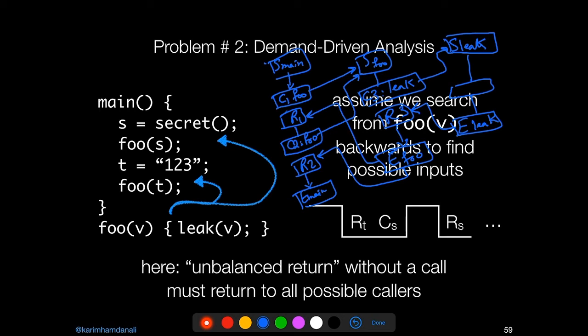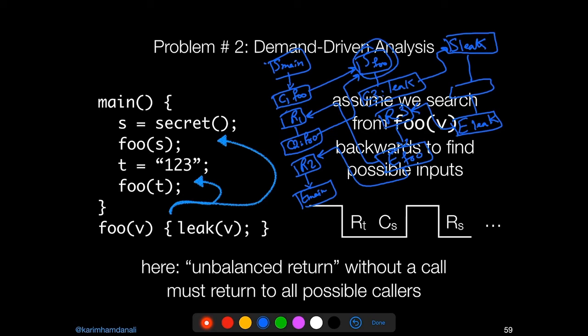The problem comes from the fact that if I don't want to do a forward analysis, if I want to do a backward analysis, how do I know where to return to? So what do I mean by that? It means that I am basically at the end or the start of S foo, right?